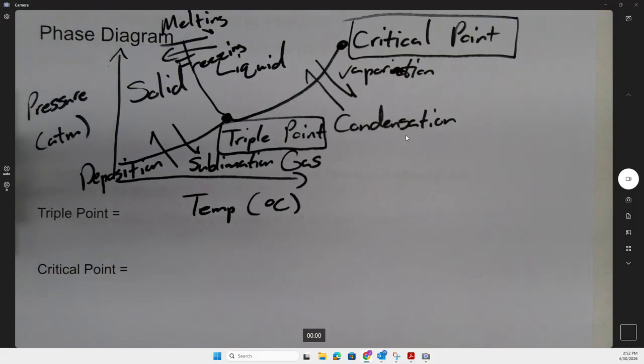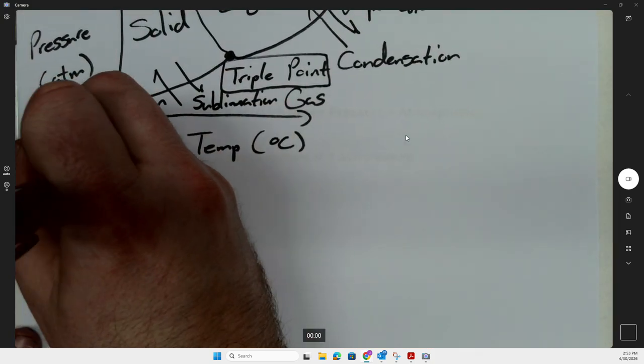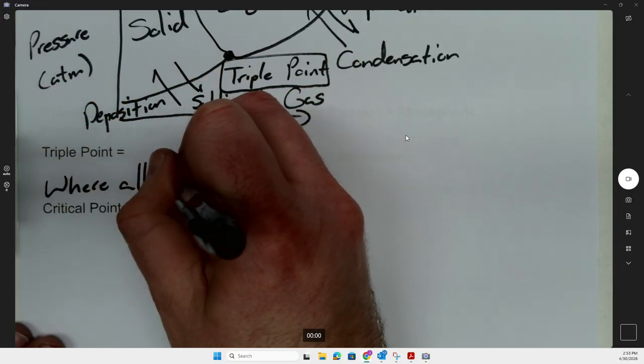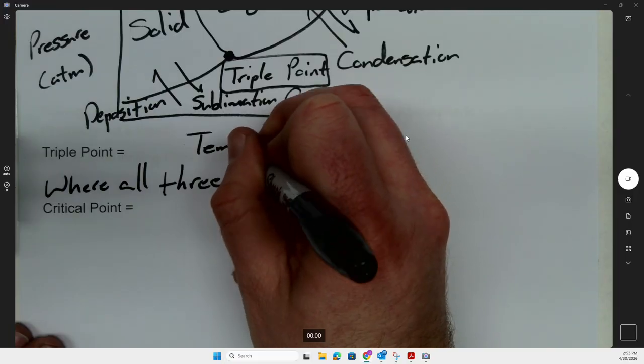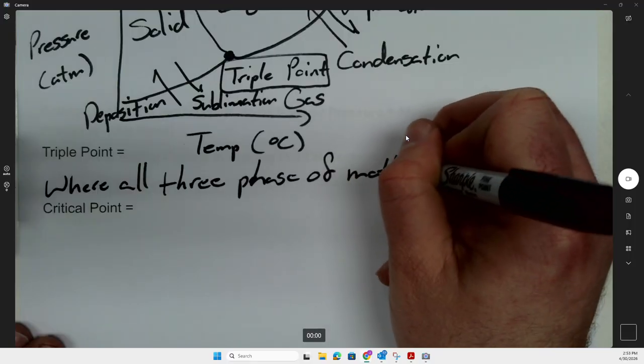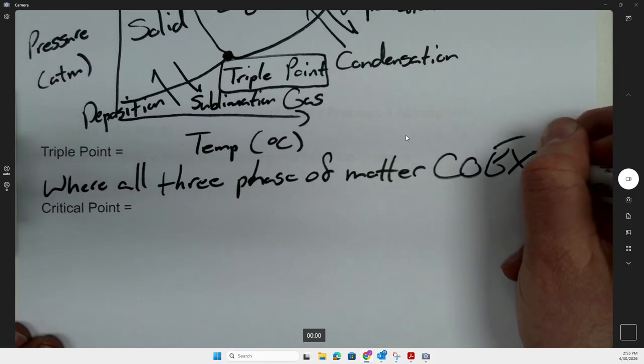So, we have two terms that we have to identify from our chart. Triple point, critical point. The triple point is where all three phases of matter coexist.